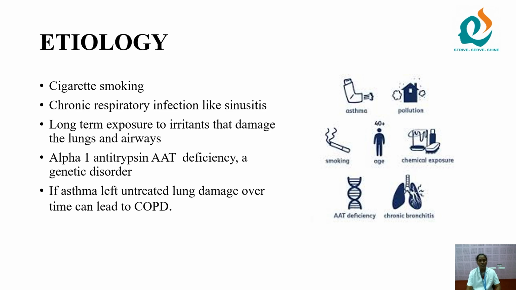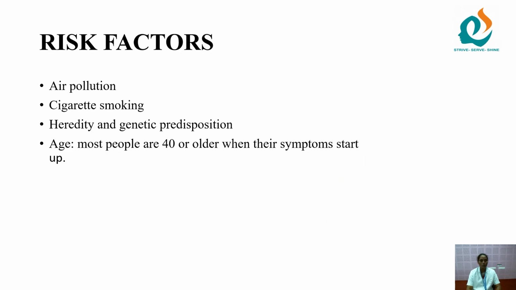If there is a previous history of asthma and they do not take proper treatment, COPD occurs. That's the chronic stage of the respiratory disease. That's all the etiological process. And one more is pollution and chemical exposure.